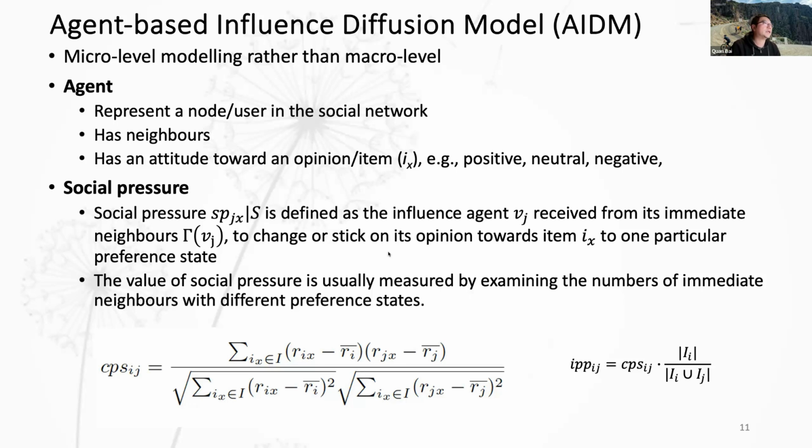This social pressure can be calculated from the opinions held by the neighboring agents of this particular agent. Which means if more agents are holding the same opinion, then this agent is under higher social pressure to also hold that particular opinion.